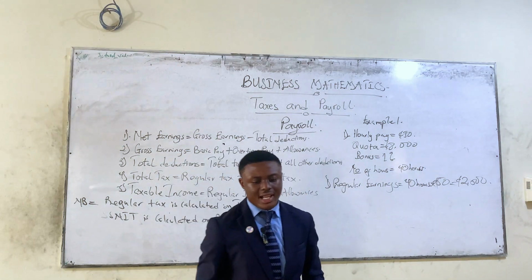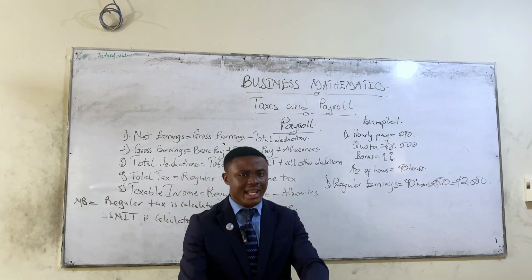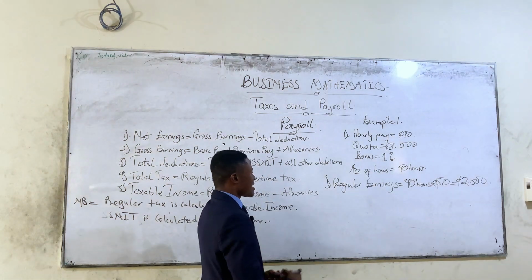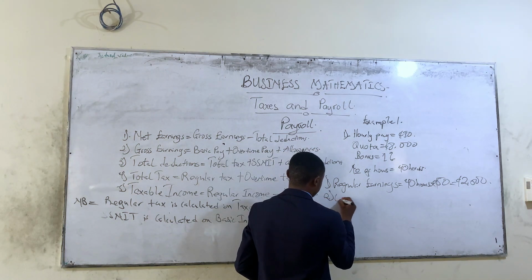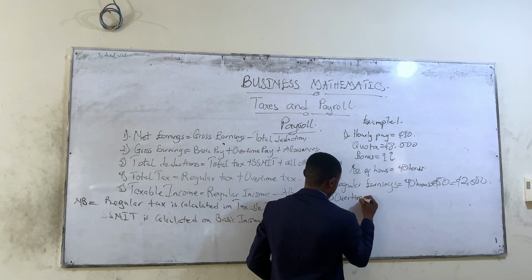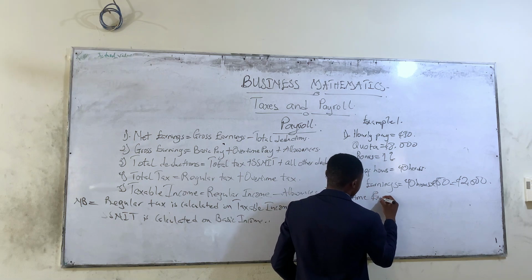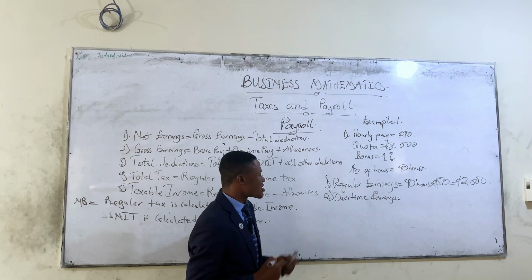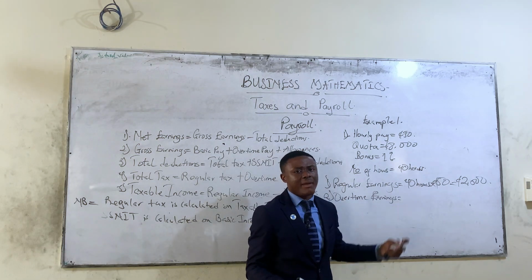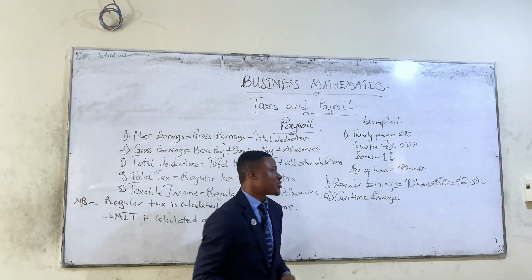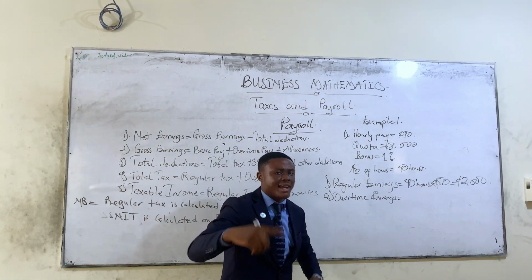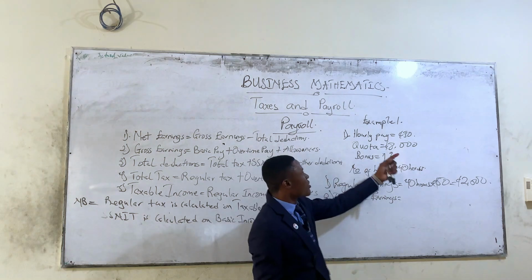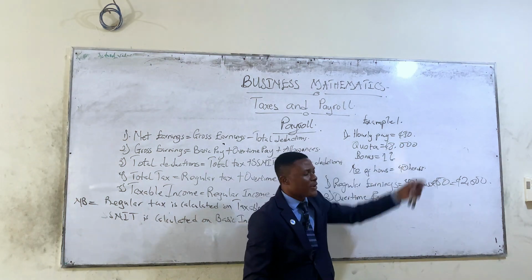And the question says his overtime earnings. With his overtime earnings, the question says when he had worked overtime, he's going to be paid time and a half. So for us to find our overtime pay per hour, you have to multiply the time and a half, which is 1.5, by our regular rate, which was 50 cedis.